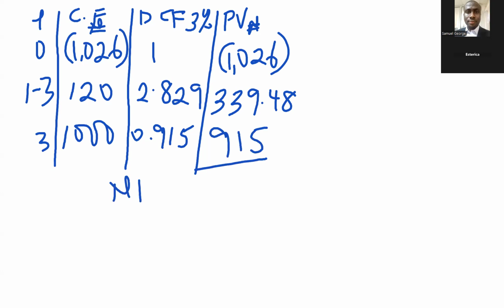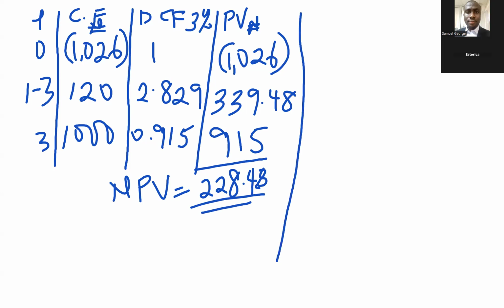NPV equals 915 plus 339.48 minus 1026. I got 228.48. Okay, now let's move on.